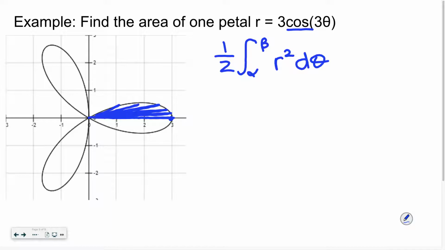So when you are finding the area of one rose petal or multiple rose petals, we need to know the zeros so we know where the petals begin and end. So please take a moment to find me the 3 zeros of this rose curve.